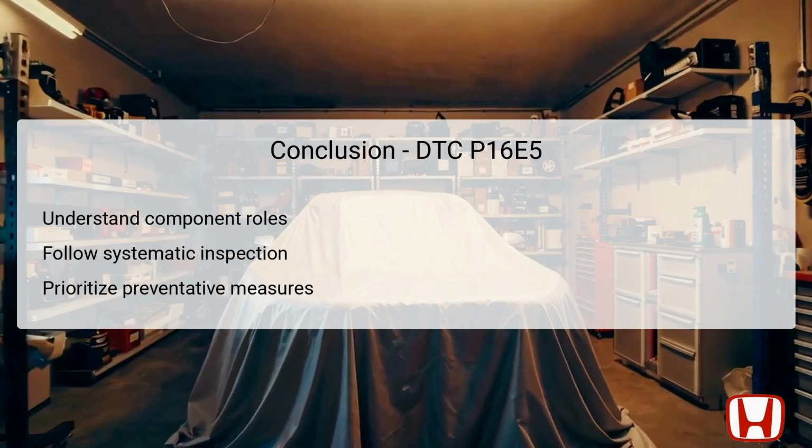Documenting the conditions and errors observed during diagnostics will help communicate issues more effectively in future inspections. Prevention becomes key as well. Through routine checkups and timely repairs, you can mitigate the risk of encountering similar DTCs in the future. By ensuring that all components are functioning optimally, you can maintain your Honda Civic's performance and reliability.